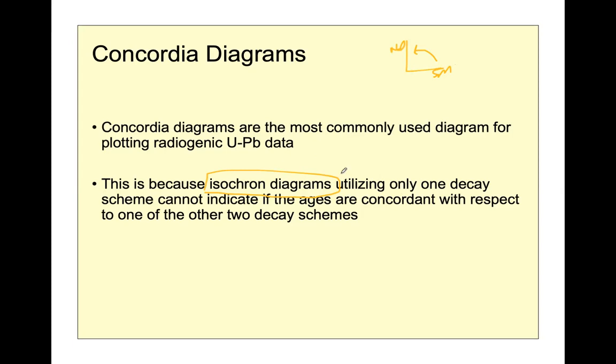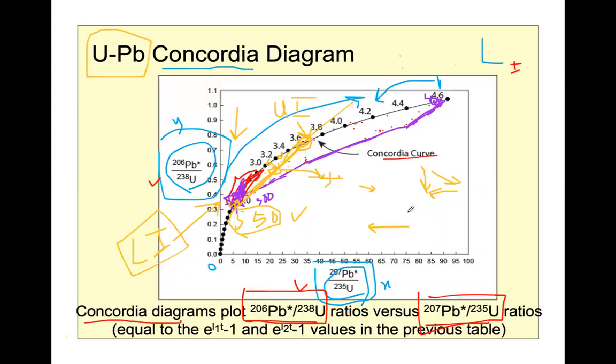But in this concordia diagram, we have two axes. In those two axes, you can remember we use two separate isotopic systematics, right? 206, 238, and 207, 235. So these are two different isotopic systematics we use in combination to get the age. So that age should be very reliable.